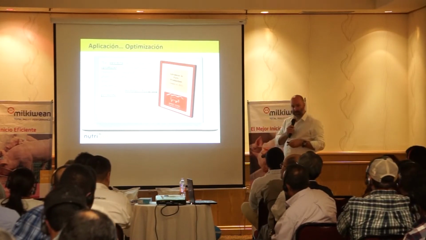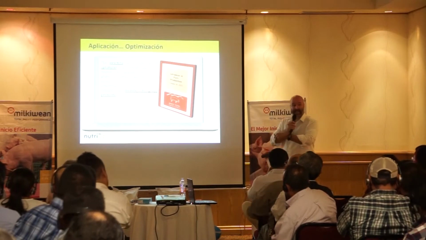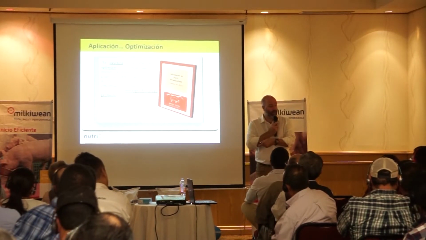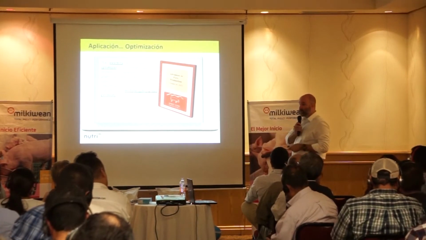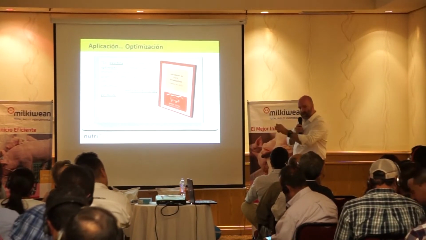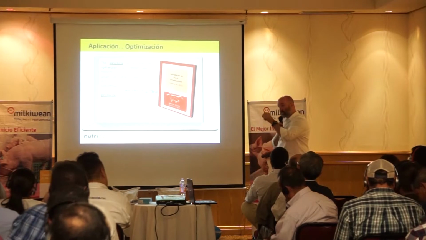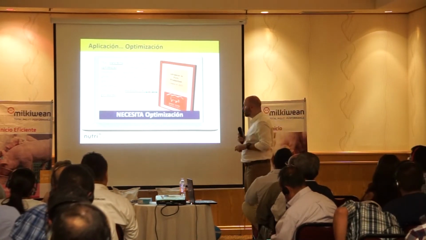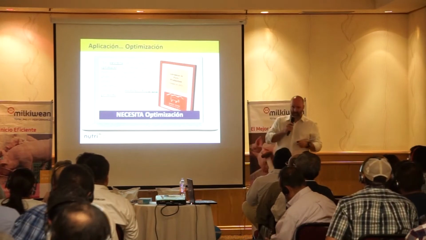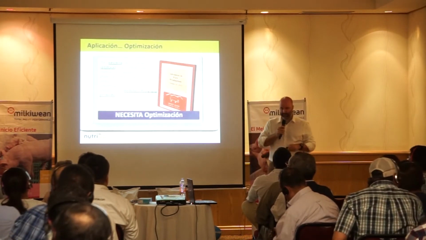Instead of looking at those numbers a few screens back, we saw that 835 average daily gain in grams per day. Well, we saw that the last group was only doing 750. Now we can identify the problem, and we can start fixing the problem instead of just seeing one number. And that was the necessity for optimization.